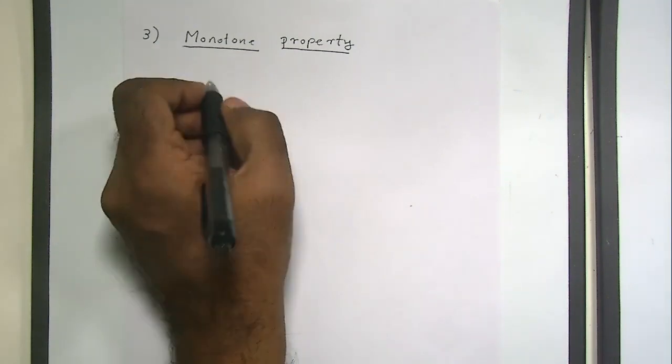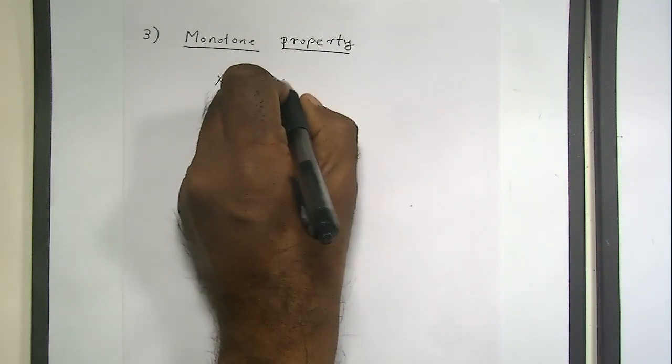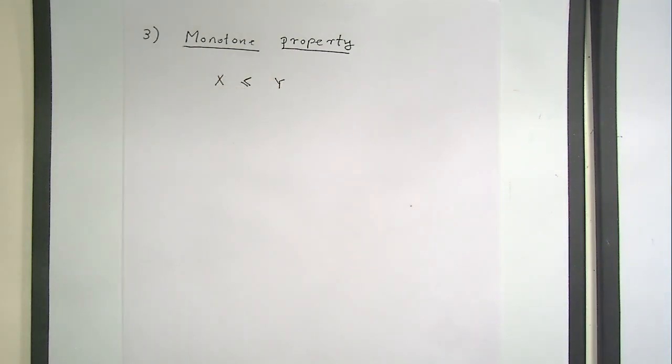Now, the monotonic property says that if x is less than or equal to y, then the corresponding risk measure must also satisfy the same inequality, right?